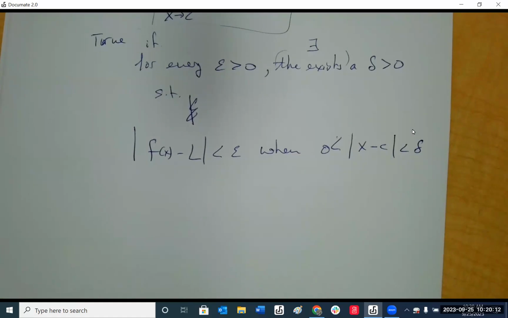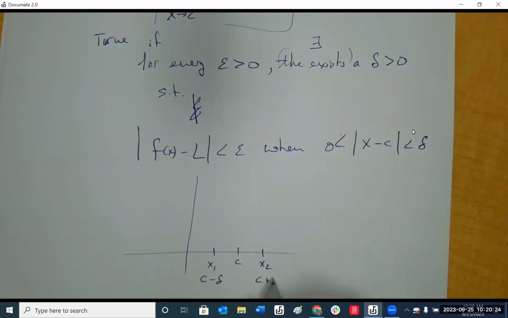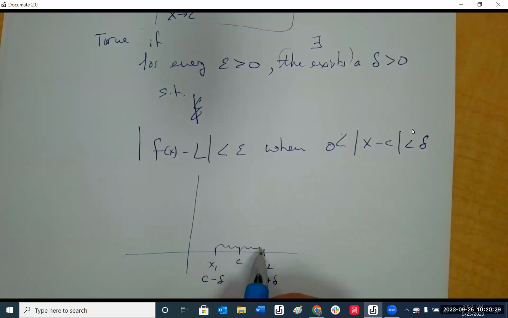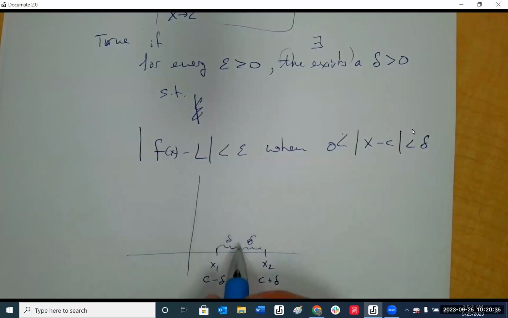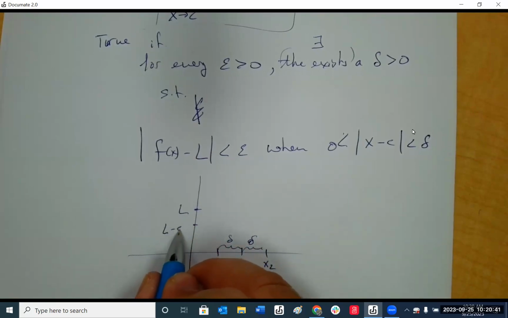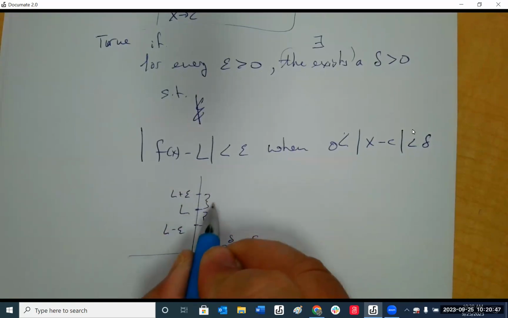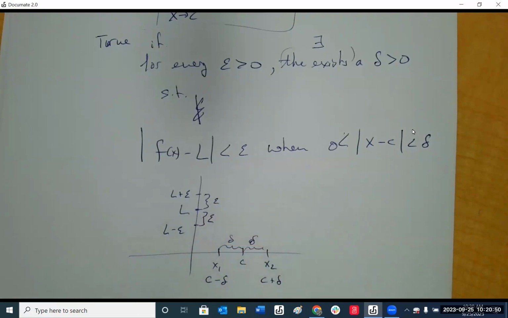So here's our c. Here's our x1 and x2. So this is c minus delta. This is c plus delta. This is our delta. And that corresponds to some value L. This is L minus epsilon. This is L plus epsilon. Those values are the epsilon.